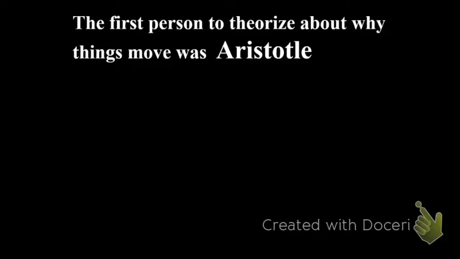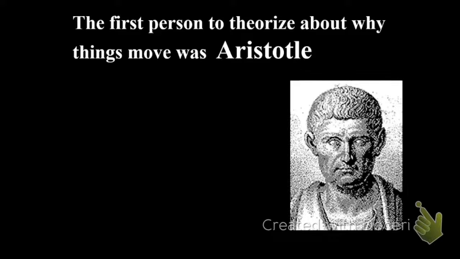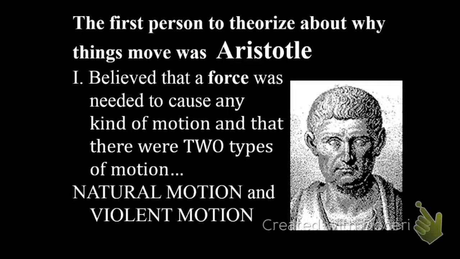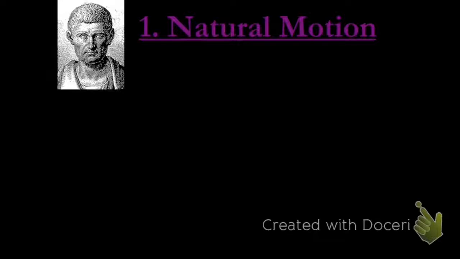Now we're going to talk a little bit about the history of this, which is going to lead us to, you guessed it, Newton and his laws. But actually, one of the first people to theorize about how things move and why things move was Aristotle. So this is way back in ancient Greece. And he did understand that forces were required to cause motion of objects, and then he split that motion into two types, natural motion and violent motion.